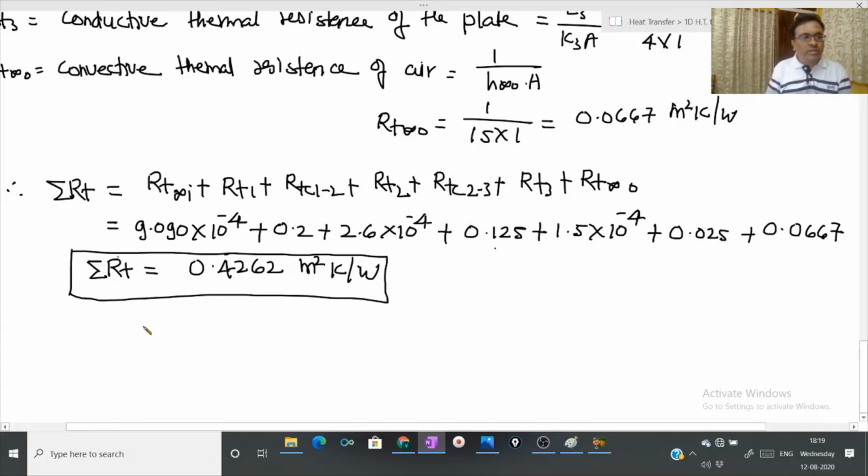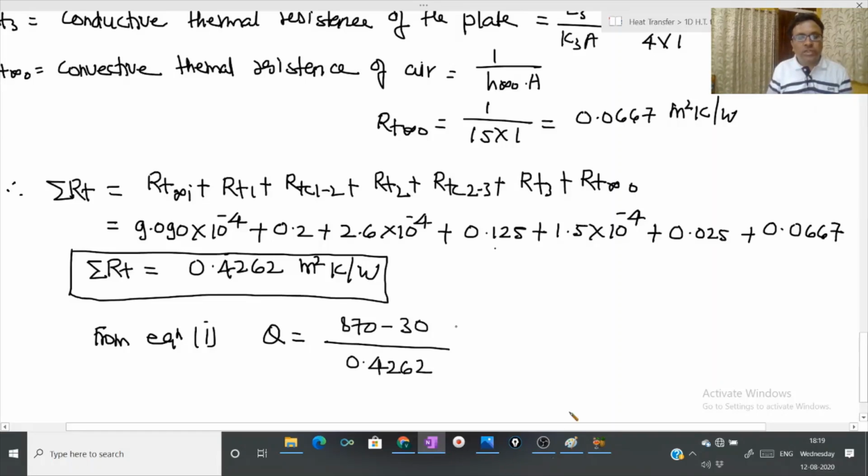Now from equation 1, my sole aim is to find out the rate of heat transfer. So Q is nothing but T infinity I is how much? 870 degrees Celsius, and T infinity O is 70, and the thermal contact resistance is 0.4262. If I take the unit of this temperature difference as Kelvin and unit of thermal resistance as meter square Kelvin per watt, this will get cancelled and I will get the unit of Q as watt per meter square.